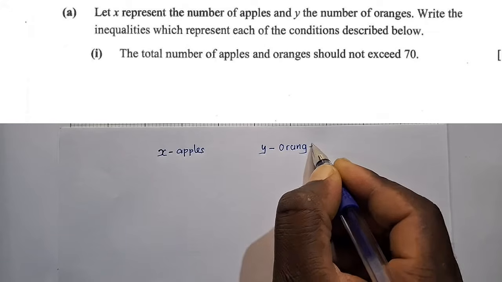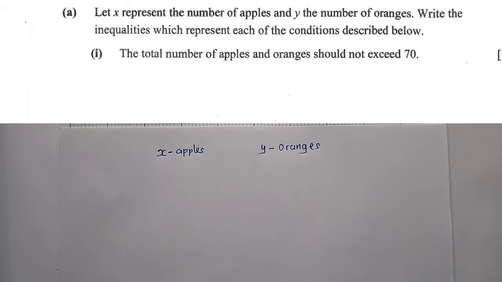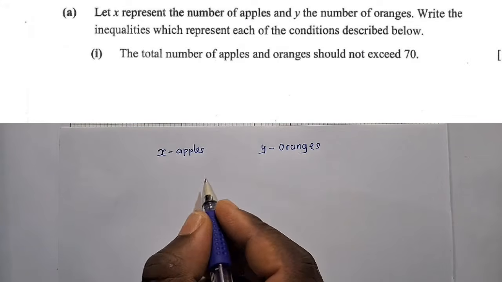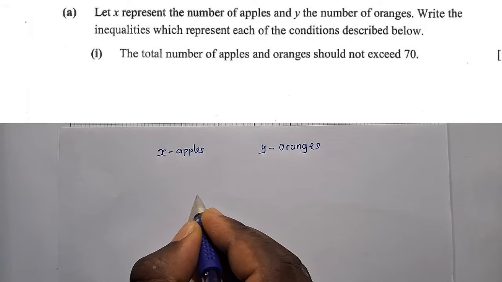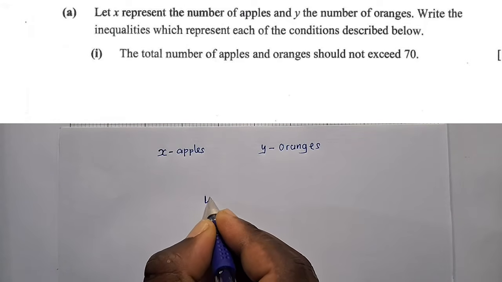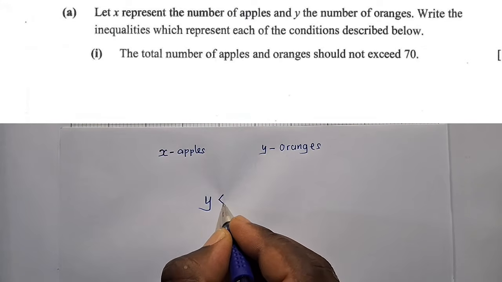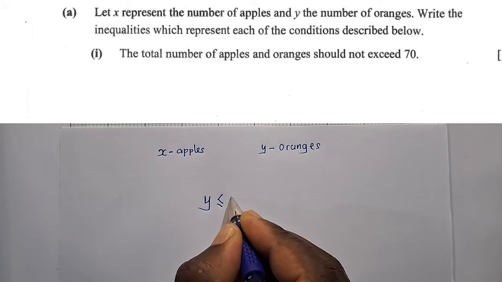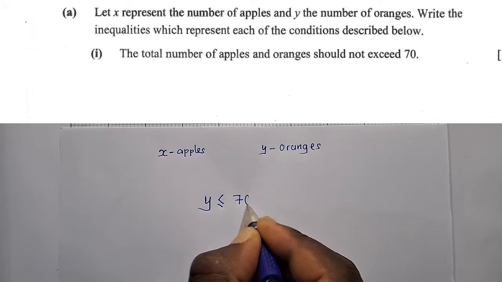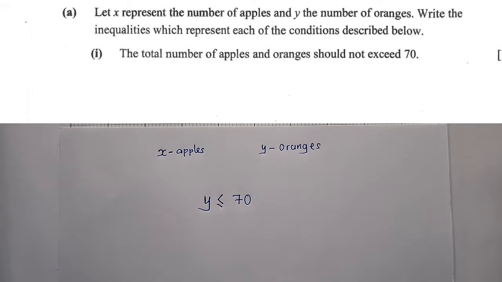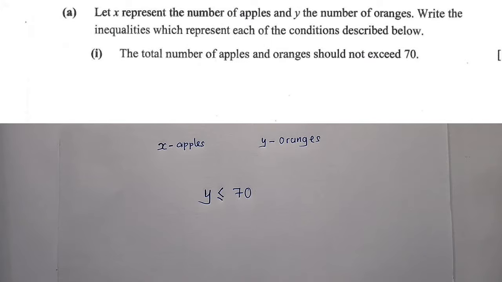This is important so that we can understand what we're supposed to do. So we shall say oranges, that is Y, not exceed simply means less than or equal to 70. So that's the first inequality.